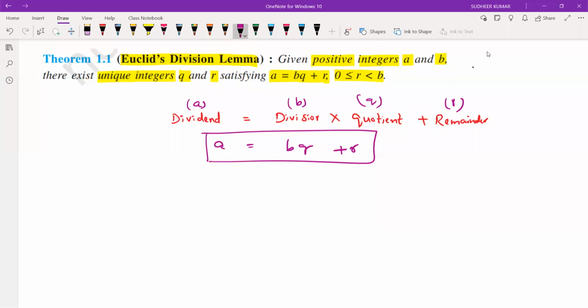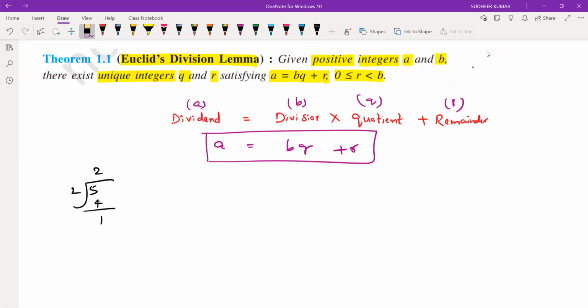So why is this condition given? Based on the condition, we can find out whether the division is completed or not. Suppose you divide 5 by 2: 2 times 2 is 4, remainder is 1. Is the division completed? No, the remainder is not 0.